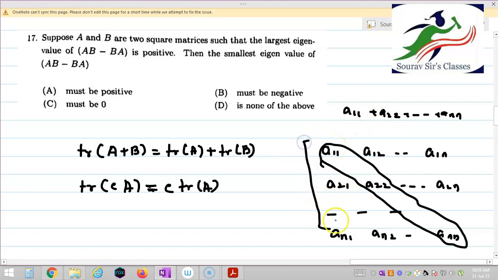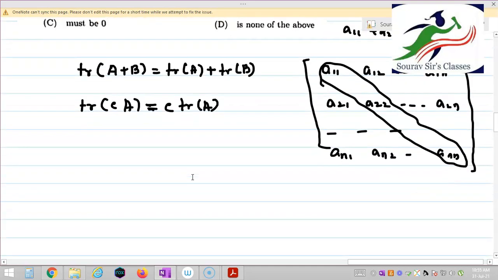So trace satisfies trace of A plus B equals trace A plus trace B, and trace of CA equals C times trace A. That is why I said trace is a linear function.